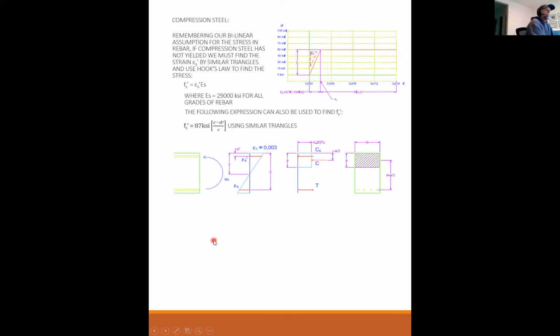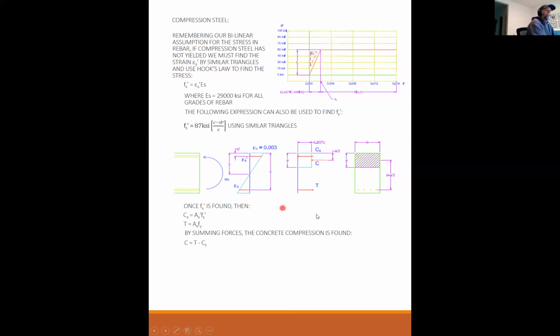Okay, so back to our diagram here. Once f prime s is found, then we can find our force. C sub s is equal to A prime s times f prime s. T, the tension force at the bottom, is always As Fy. And by summing the forces, the concrete compression is found.